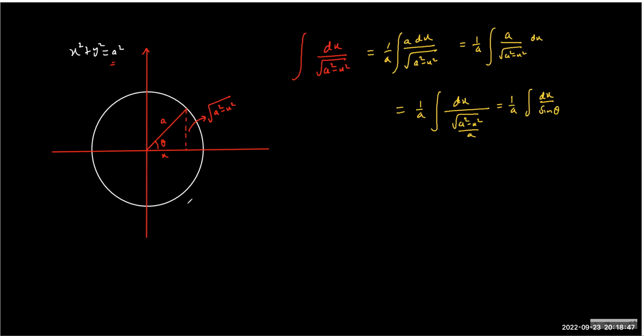And what we know is that x we can write as a cos theta, isn't it? Can we write x equals a cos theta? Yes or no? Yes, sir. So dx will be how much? Minus a sin theta d theta.